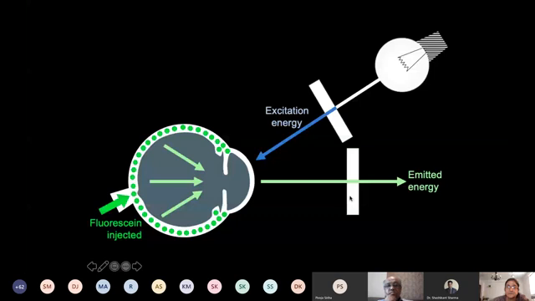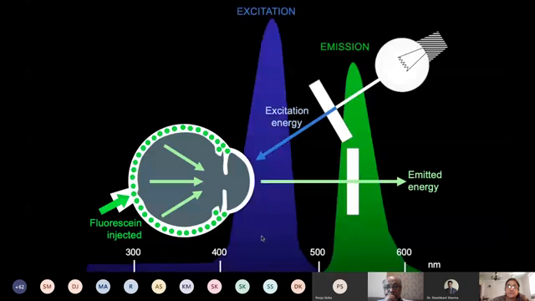So this is how you identify the various structures inside the retina. This is how it works: you have the blue light, and after excitation, you have the emission of the green light in the higher range. I hope I'm clear on this. This is the basic principle of a fundus fluorescein angiography.